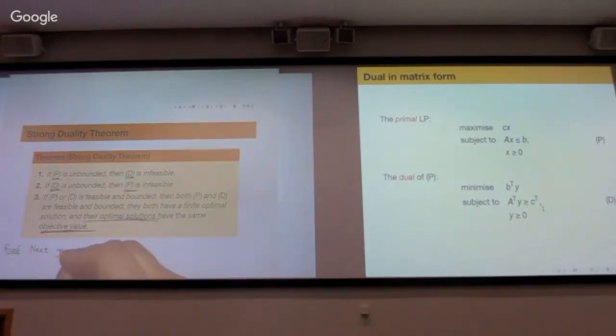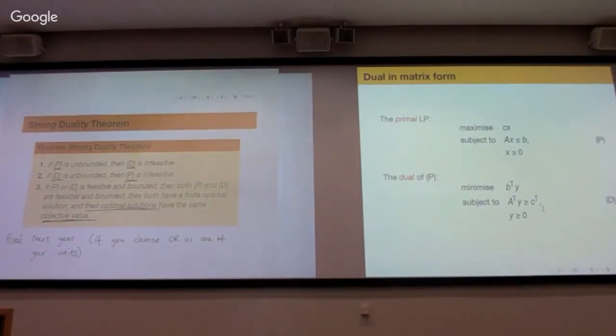The proof is next year, if you choose the operational research unit for your next year, we'll do the proof and also some more applications because it really appears in many different situations and it's very useful. So there are many reasons why this is good.